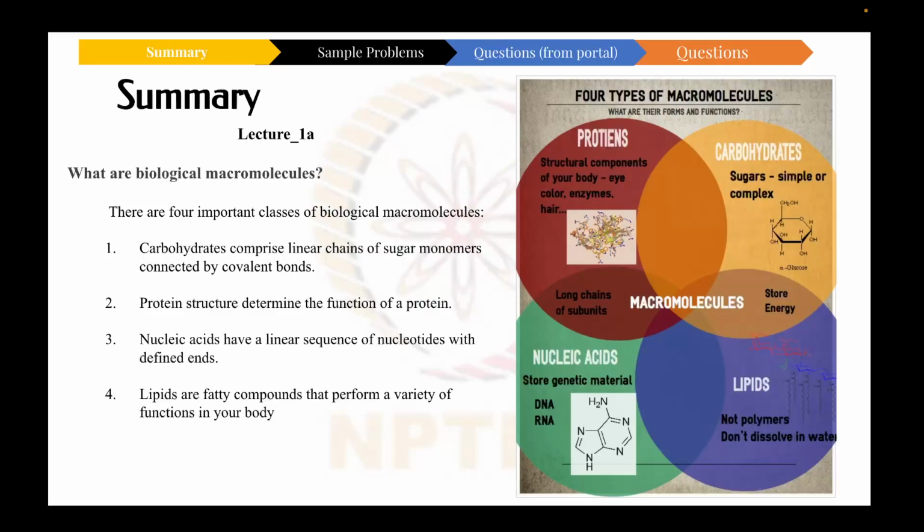Together, these four classes of macromolecules intricately contribute to the structure, function, and regulation of cells and organisms, ensuring the vitality of living systems. So now we know the individual functions of these macromolecules. The interconnectedness of these macromolecules is also important.